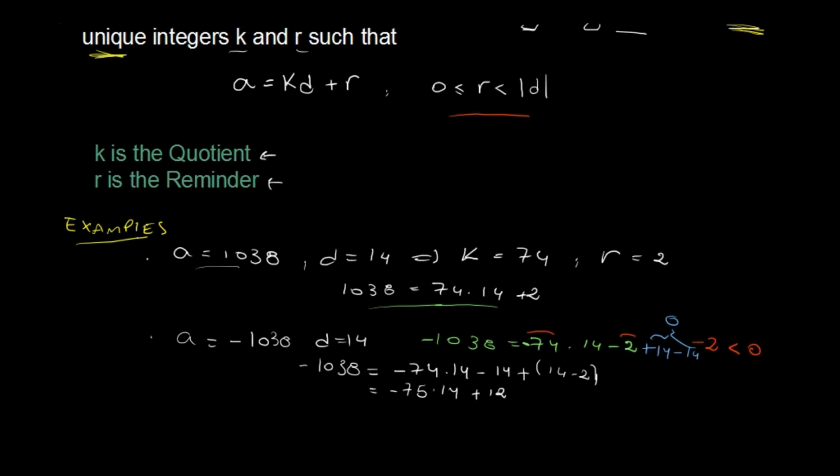So then we found that k in this case equals minus 75 and the remainder r equals 12.